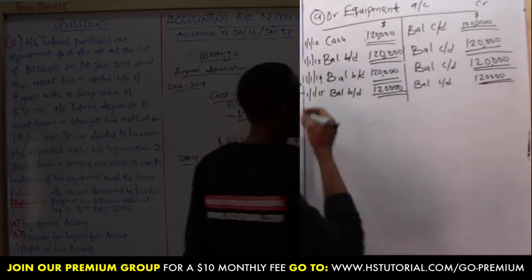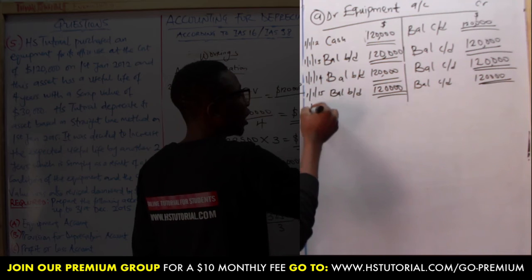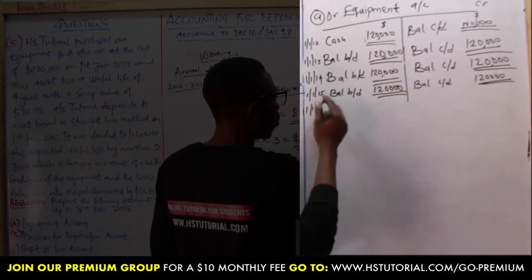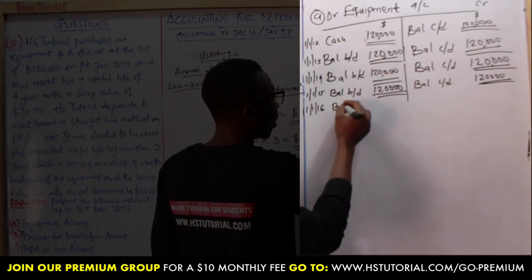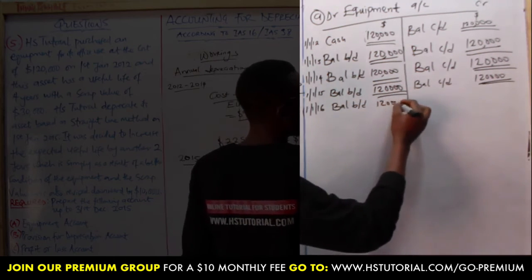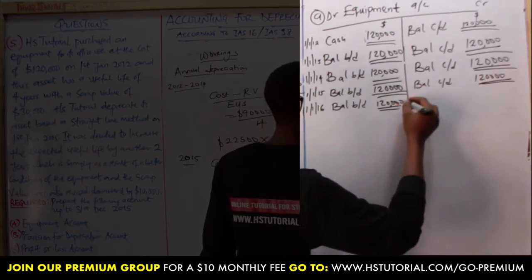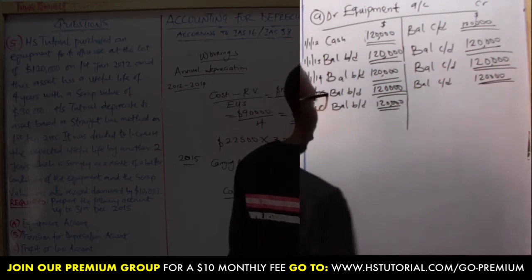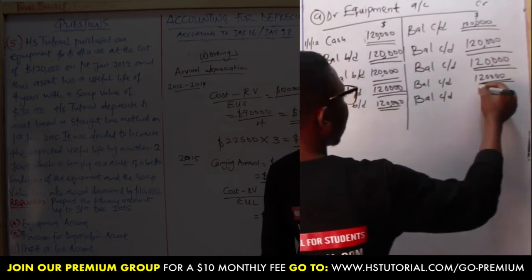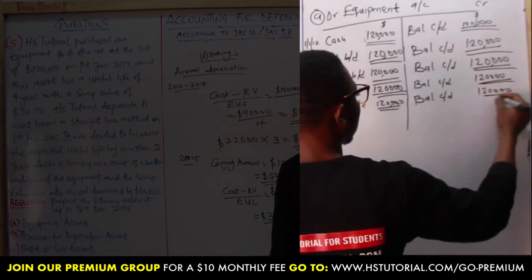So you balance this. Then for the 5th year, 1/1/2016, balance brought down 120,000. Then balance carried down will still be 120,000.